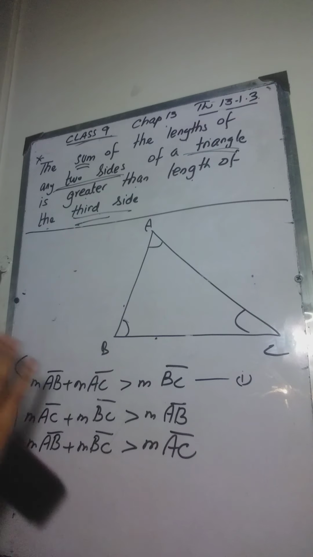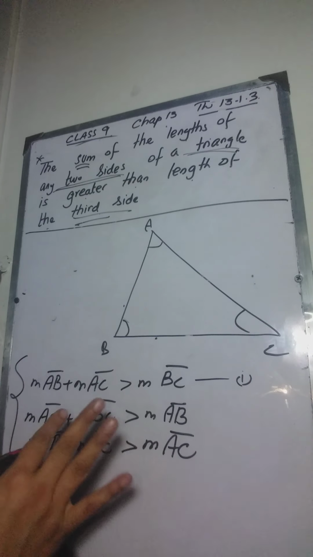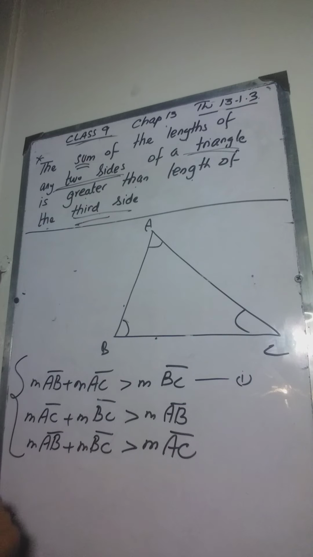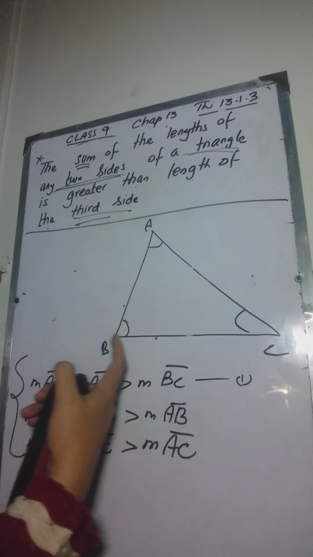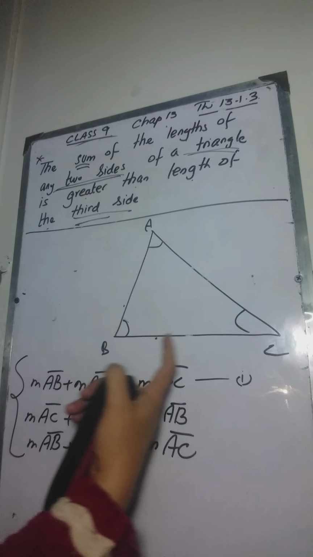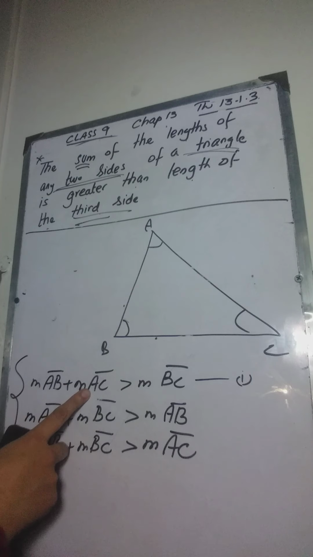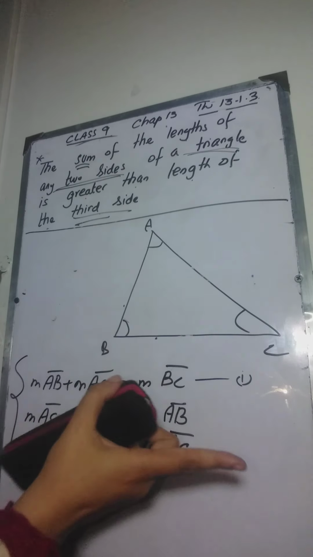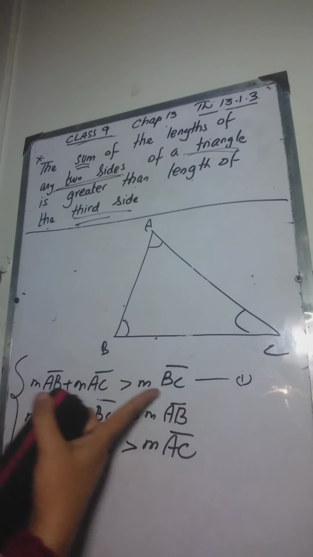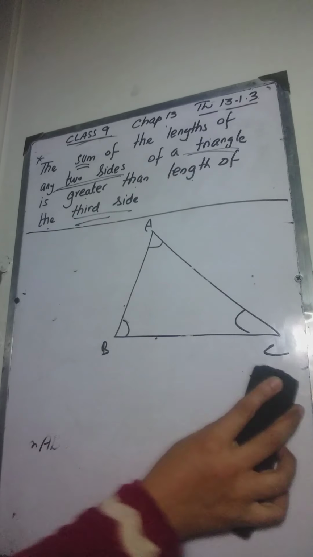So if you take any two sides of a triangle, their sum will be greater than the third side. We are adding two sides and comparing it with the length of the third one. So let's start the theorem.